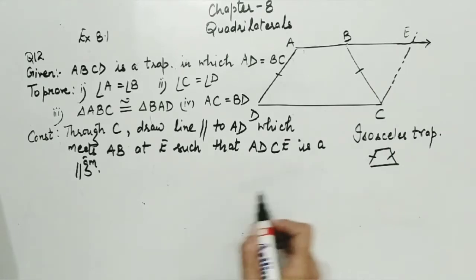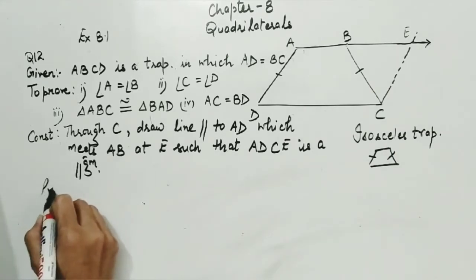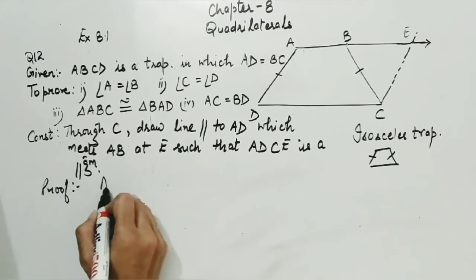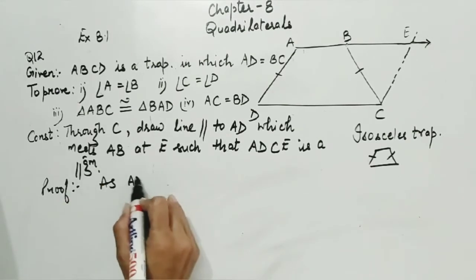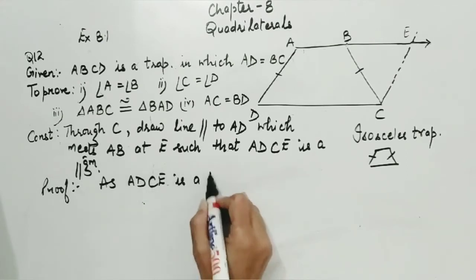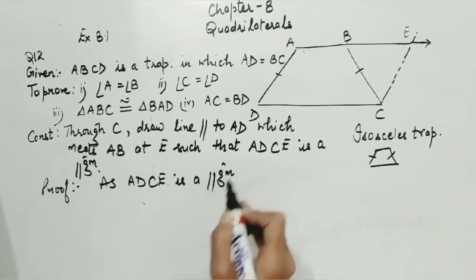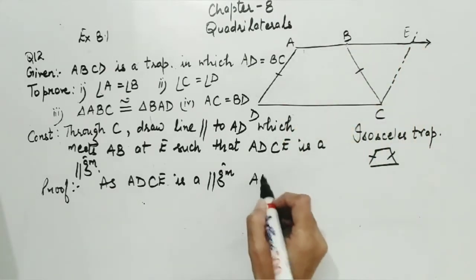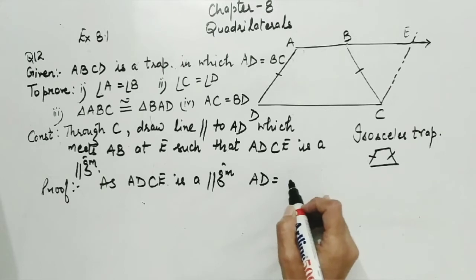And if it is a parallelogram, what can you say about the sides? As ADCE is a parallelogram, we can say that AD must be equal to EC.